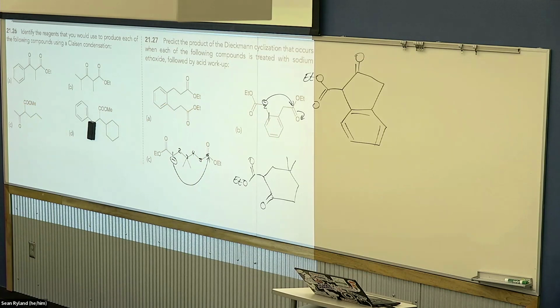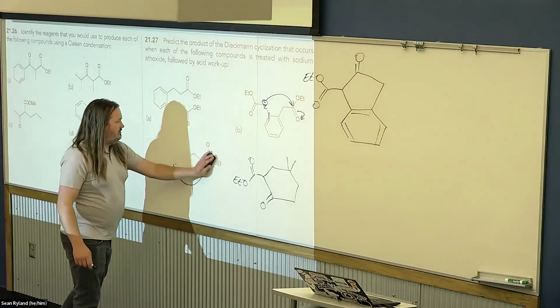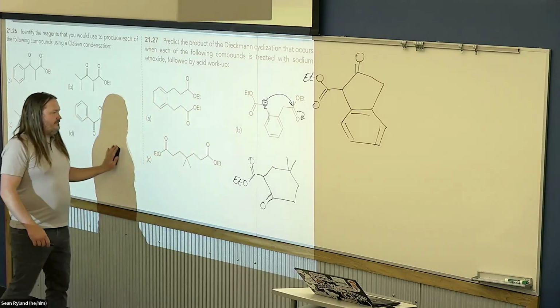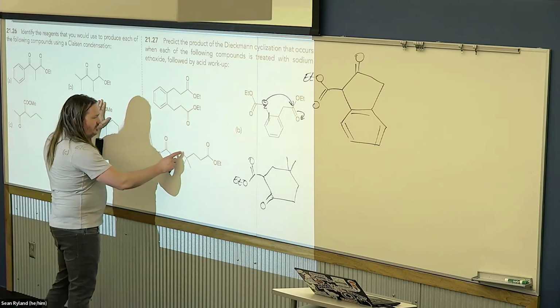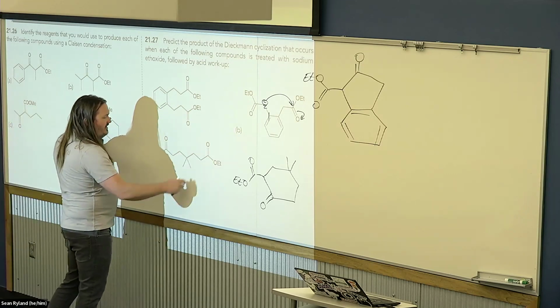If your leaving groups are symmetrical, then it's not the leaving group you need to worry about so much as are you making an intermediate that's more stable one way? Realistically, I think for most of these, I'm trying to think of a case where there would be a notable difference.